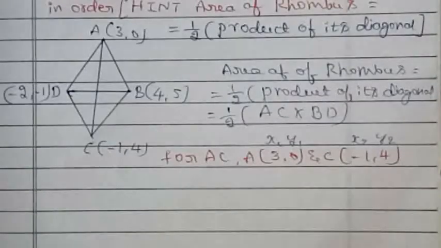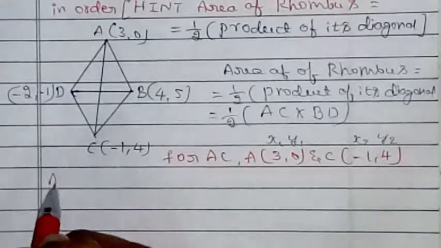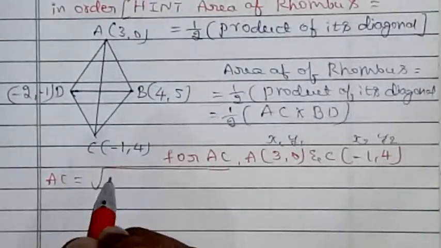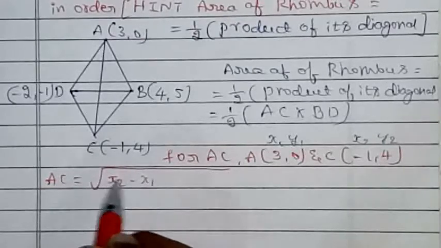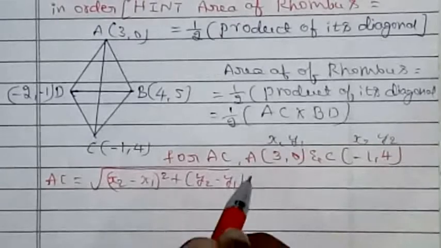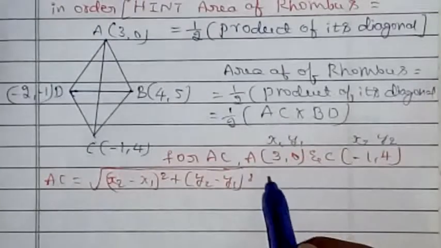Now what is the distance formula? You are able to find the distance between AC. Therefore AC is equal to the square root of (x2 minus x1) whole square plus (y2 minus y1) whole square. I think you know the values, just apply them in the formula.